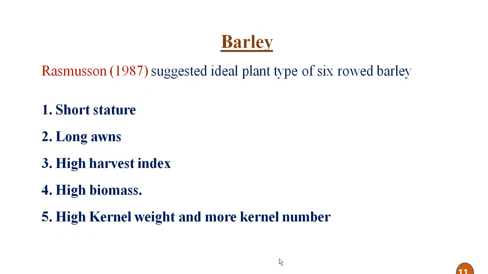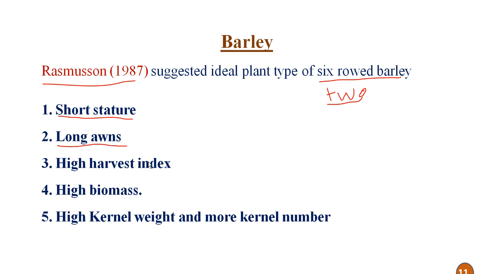Then barley. According to Rasmussen 1987, the plant type of 6-row barley. So friends, there are two types of barley, 6-row and 2-row barley. According to Rasmussen, the ideal plants of 6-row barley have short stature, meaning dwarf plants are preferred, then long awns.